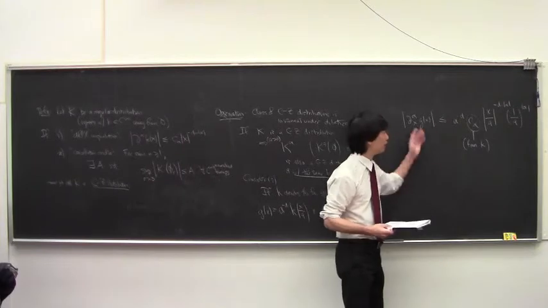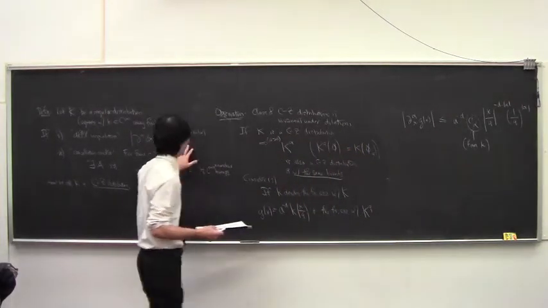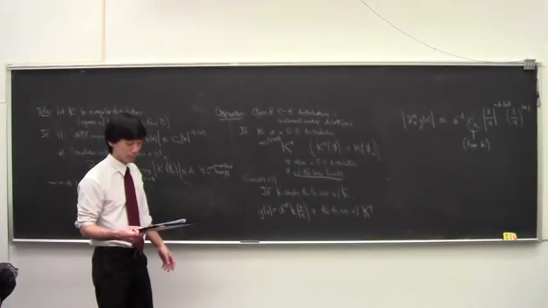And so all that stuff cancels out, and you get exactly the same bounds just by the chain rule.